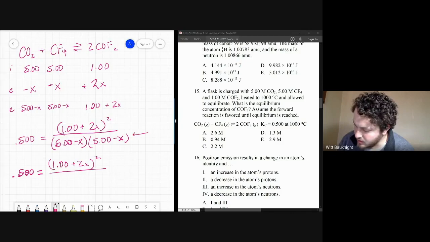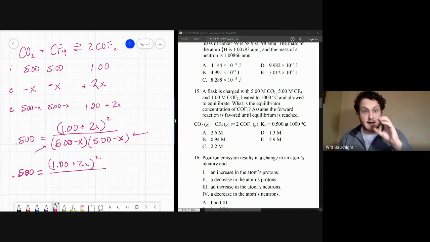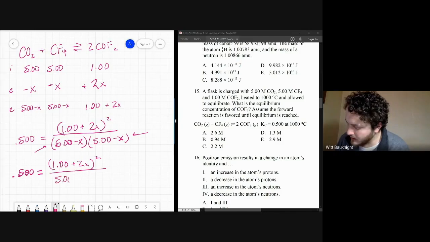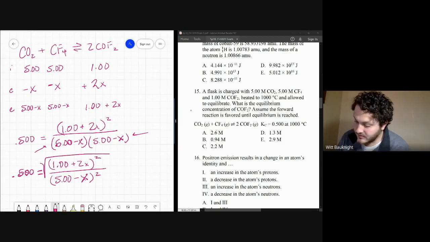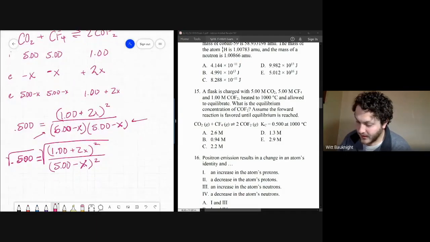And since these two terms in the denominator are being multiplied by each other and are the same thing, the denominator is just one of those terms squared. So we can rewrite it as 5.00 minus x squared. If it's squared in the numerator and squared in the denominator, that means the whole fraction is squared. So if we take the square root of both sides, all of a sudden we don't have x squareds, no quadratic equation.